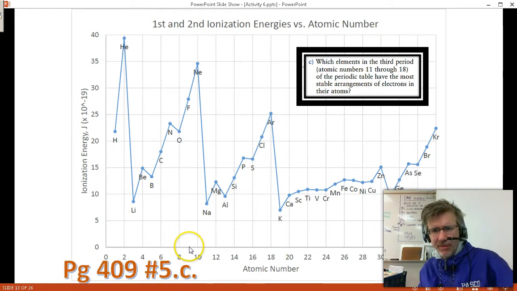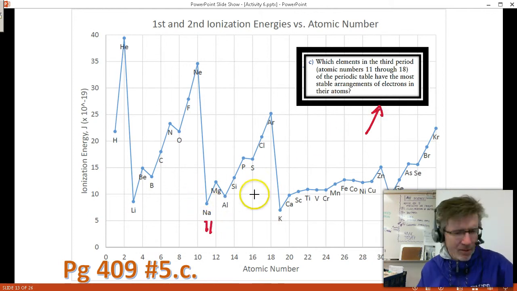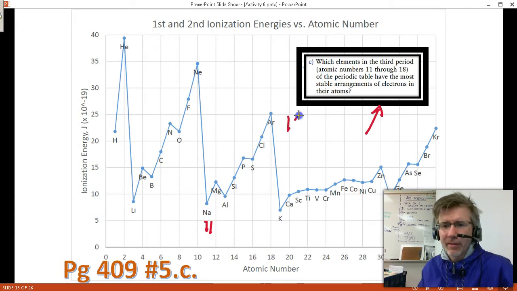All right, next one. Which elements in the third period, atomic numbers 11 through 18, have the most stable arrangements of electrons in their atoms? So once again, I'm just reading this thing right here. So now this is sodium, atomic number 11. And then argon, atomic number 18. And what we're doing is we're going up the graph here.